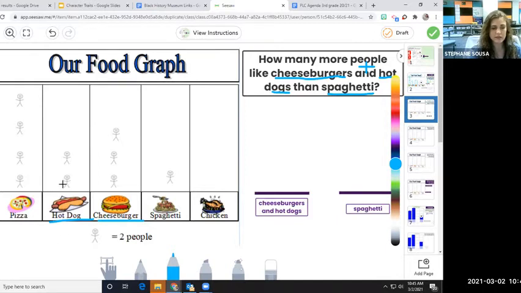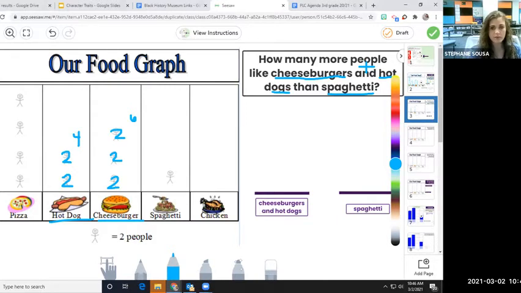Count with me, please. Hot dogs are 2, 4. So there are 4 votes for hot dogs. I'm writing, you're writing. Let's take a look at cheeseburger now. 2, 4, 6. 6 people like cheeseburgers.